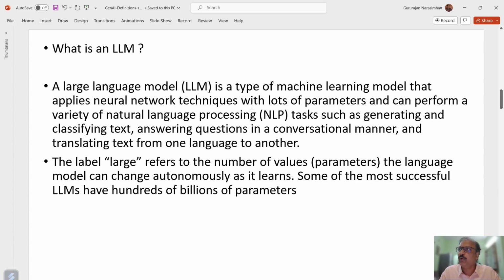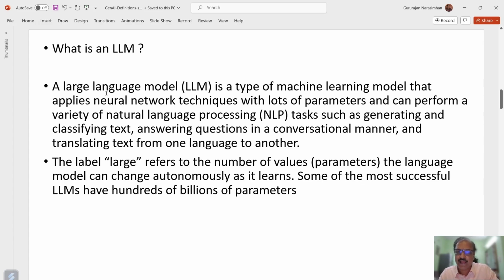Basically, it's a model that you train on not thousands or lakhs of parameters, but millions and billions of parameters. So, if you train a machine learning model with billions of parameters, you call that a large language model. So, the word large here refers to billions of parameters that are used for training.